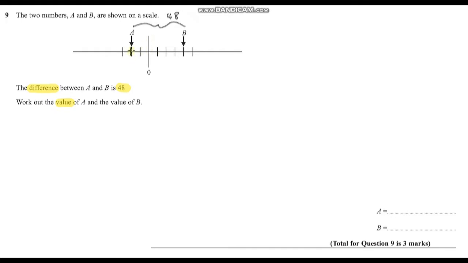So if a is here, let's see how many lines we need in order to get to b. We've got 1, 2, 3, 4, 5, 6. So we can say that 6 lines must be equal to 48, because the difference between them is 48 and there's 6 lines that separate them.